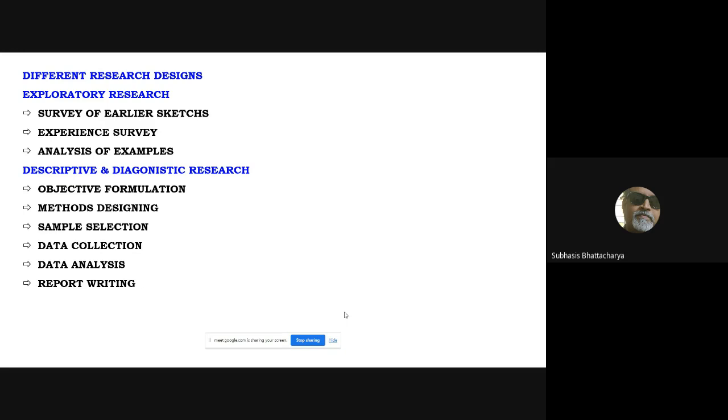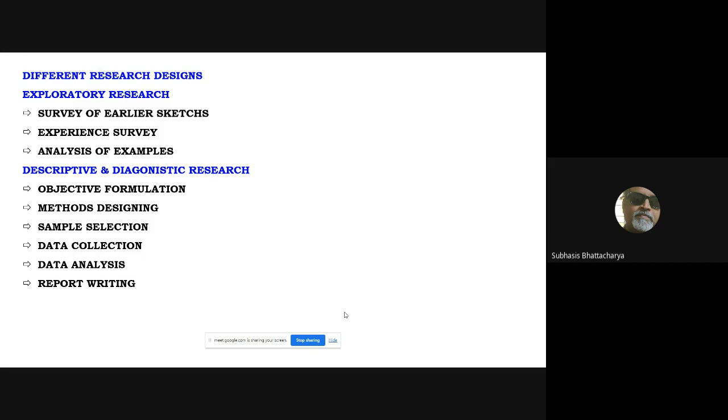Descriptive research studies are those concerned with describing the characteristics of a particular individual or a group, whereas diagnostic research studies determine the frequency with which something occurs or its association with something else. So studies concerning certain variables being associated are examples of diagnostic research. Those are not present in the descriptive research.